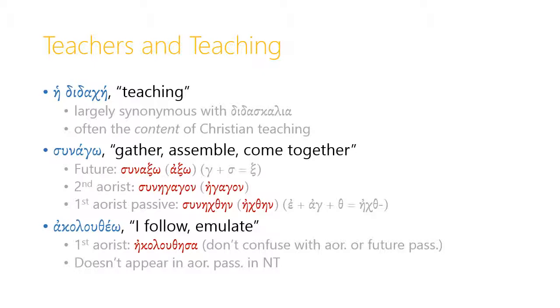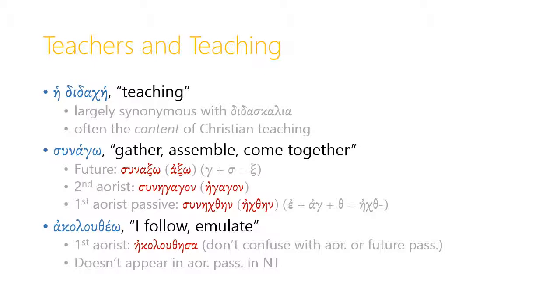And that's very standard for contract verbs. What we have to watch for here, though, is that because of the combination of the theta and the eta in front of the ending, it's very easy to mistake ekoluthesa for an aorist passive or even a future passive, because we're watching for that the or thes.